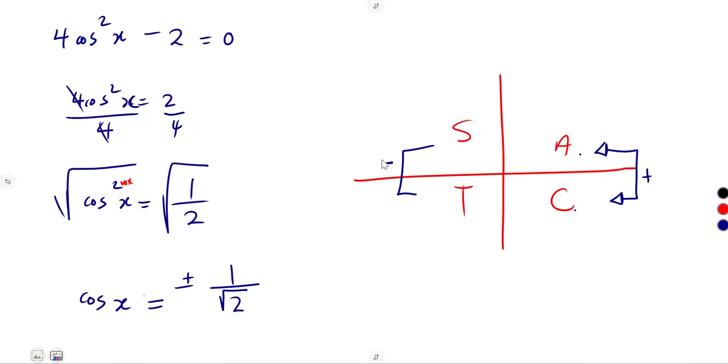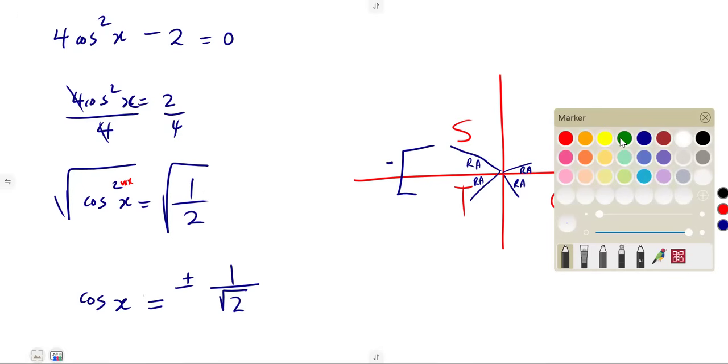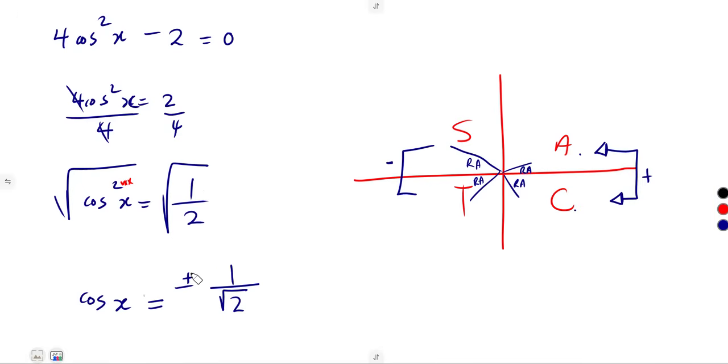But like I said, in each and every quadrant there is a reference angle. So what is that reference angle? The reference angle is not affected by whether there was a positive here or a negative here. So it is going to be arc cos of the positive value.